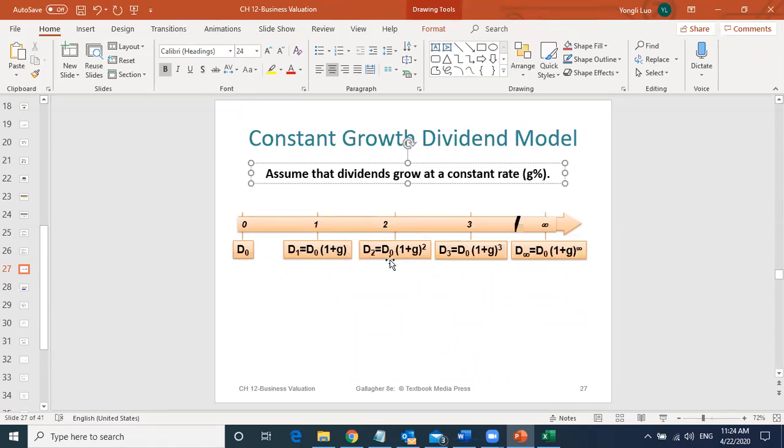The second year, the dividend will be D0 times (1 plus G%) squared. The third year, the current dividend times (1 plus G) cubed, and all the way until infinity. So every year the dividend will increase by G%.